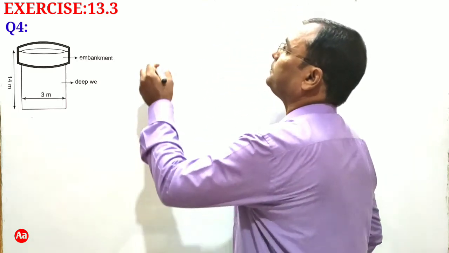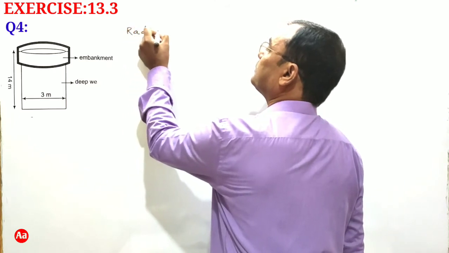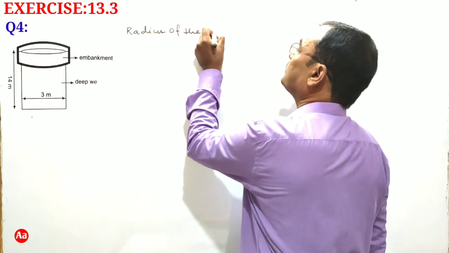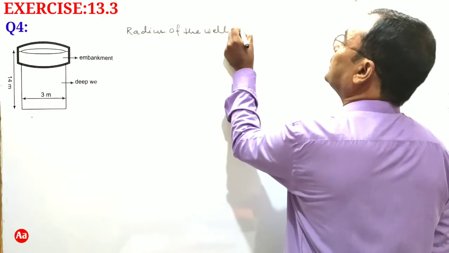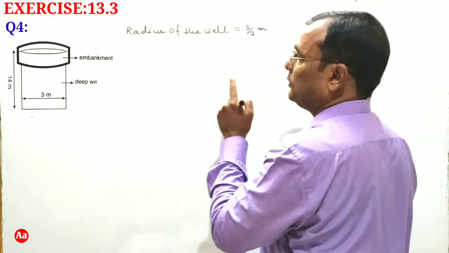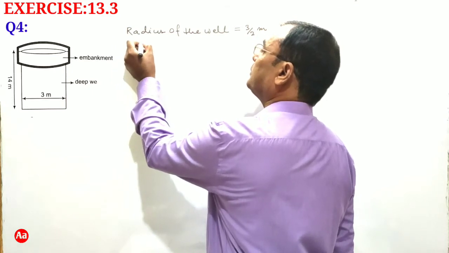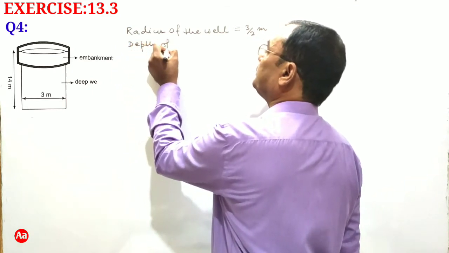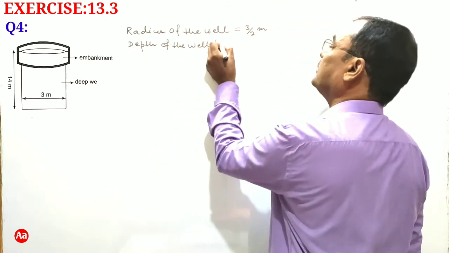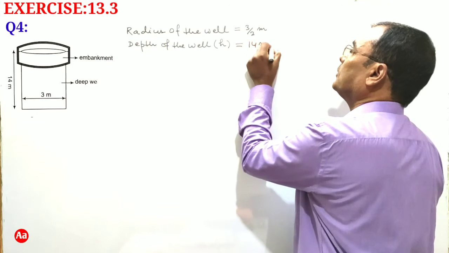So let's write radius of the well, that is equal to 3 by 2 meter. 3 meter is diameter of the well. Now depth of the well, let's denote it by H, that is given 14 meter.